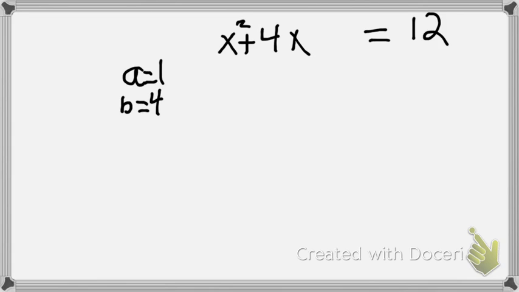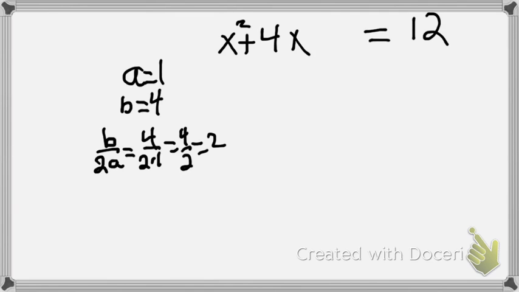So the relationship that we really care about here is B over 2A. In this case, that would be 4 divided by 2 times 1, or 4 divided by 2, or 2. So we know that B over 2A equals 2.